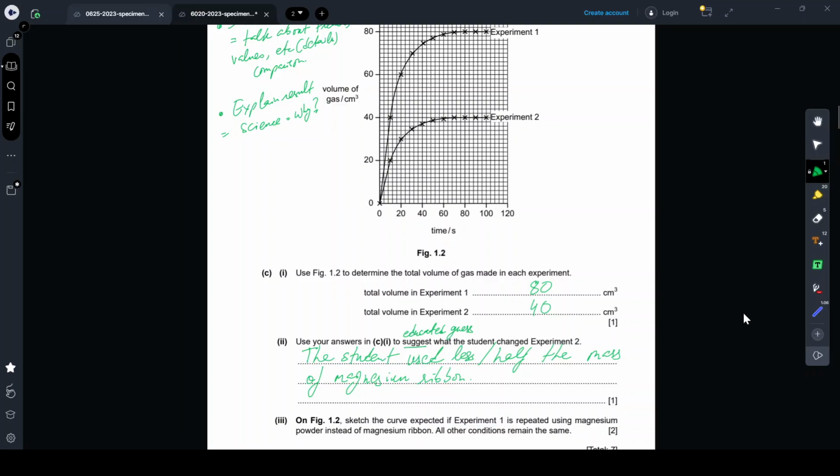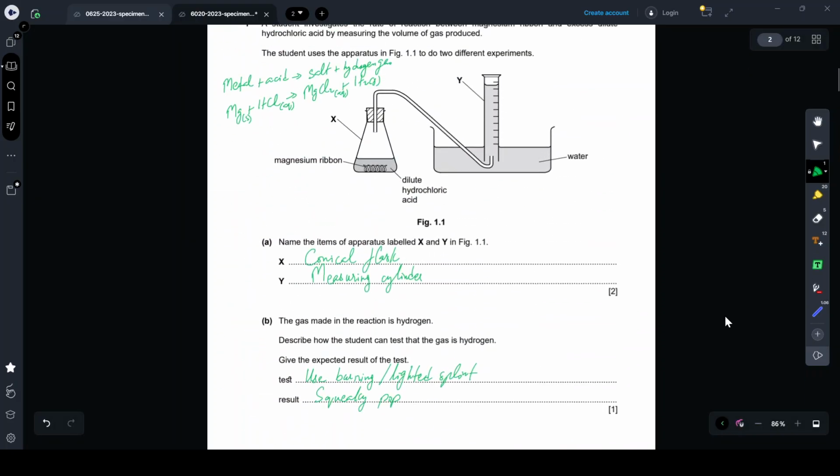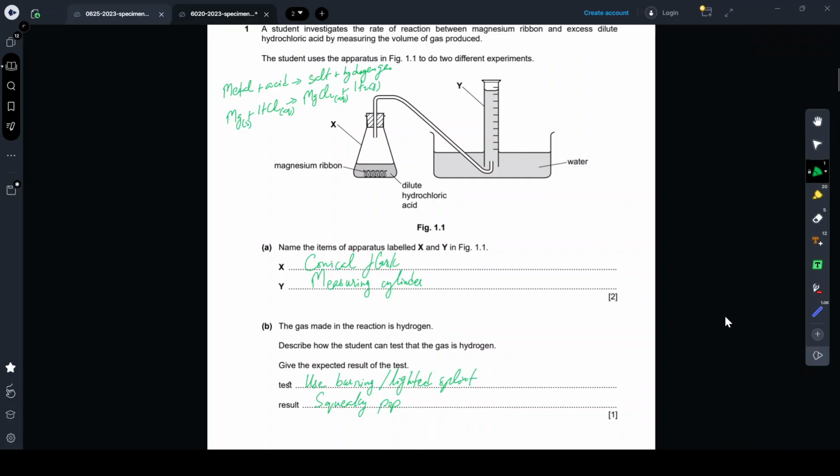As I said, that equilibrium concept applies for reversible reactions, but the things that affect rate of reaction... Is magnesium ribbon a solid or a liquid or a gas? Gas. No, wait. It is solid. Yes, right.